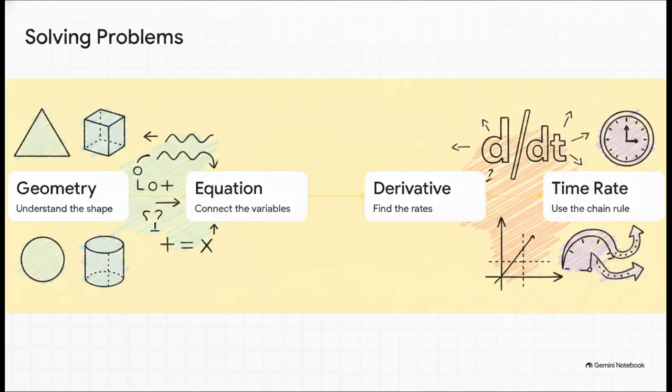So, if you ever need a straightforward framework for cracking any related rates problem, just follow these 4 steps. First, understand the geometry of the physical space. Second, write a formula connecting the things you care about. Third, take the derivative to find the instantaneous rates. And fourth, use the chain rule to connect those rates to time. Geometry, equation, derivative, time rate. It really is that simple.